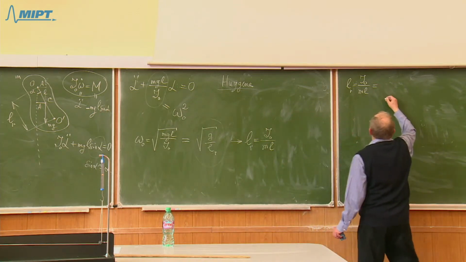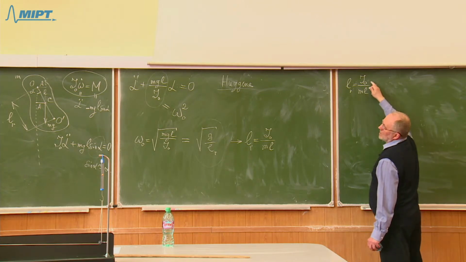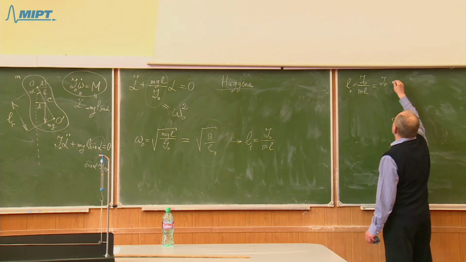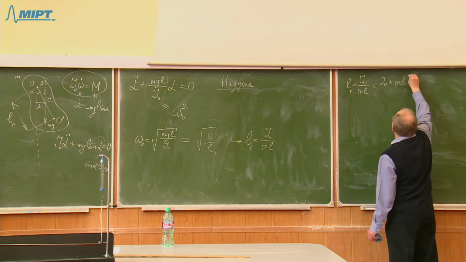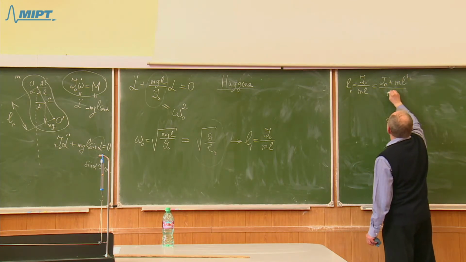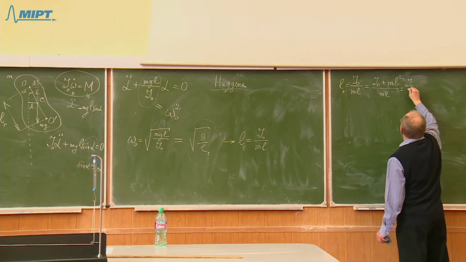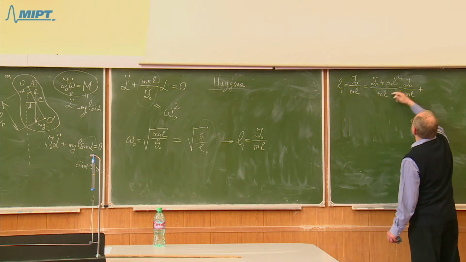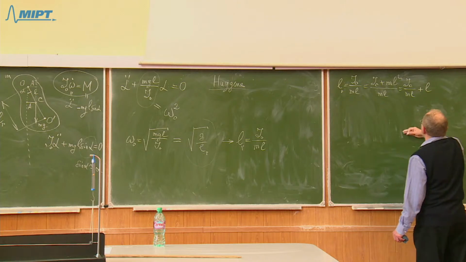According to the Huygens-Steiner theorem, the moment of inertia about point O can be expressed as the moment of inertia about the center of mass plus mL squared, divided by ml. So that will be the moment of inertia about the center of mass divided by ml, plus another term, m will cancel, plus L.